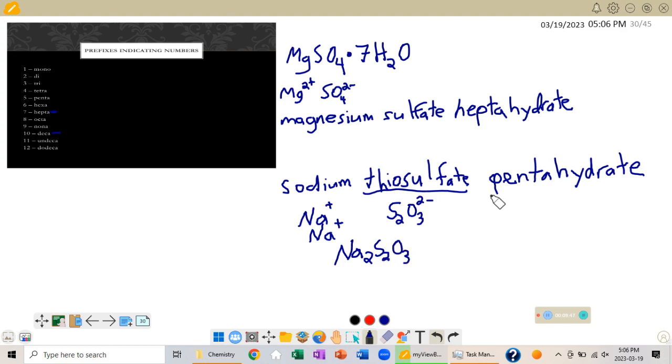And then I think I'm done, but I'm like, oh no, pentahydrate. Dot 5H2O. And really, that's the bulk of it. Lots to work on in your booklets. Have fun.